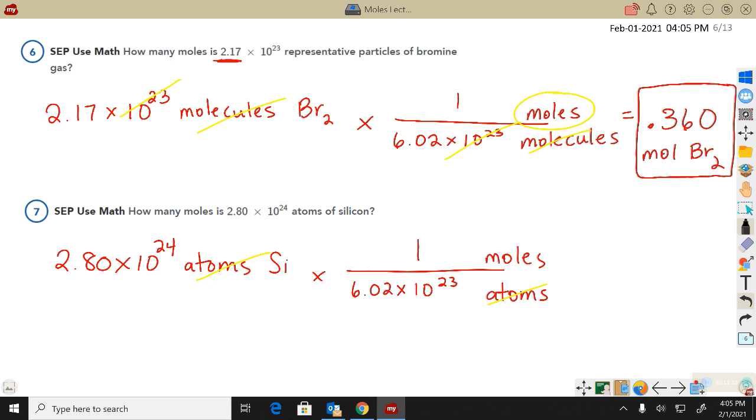Now, a few words of wisdom. You maybe haven't had to use a lot of scientific notation on your calculators recently. There is a button that is specifically meant to be used for scientific notation. Here are the 2 ways that you could plug this in your calculator. Option 1 is to type in 2.80, and then there's this little key.